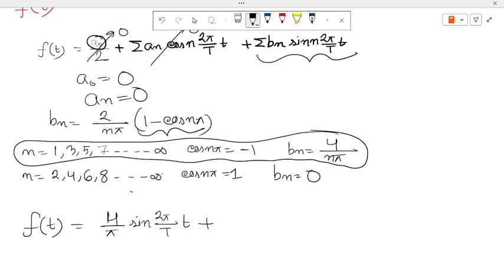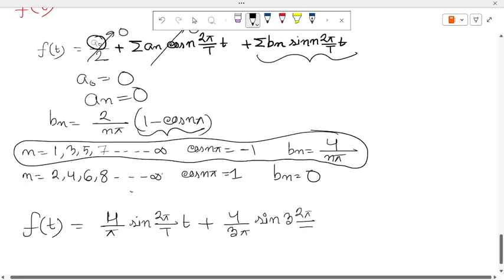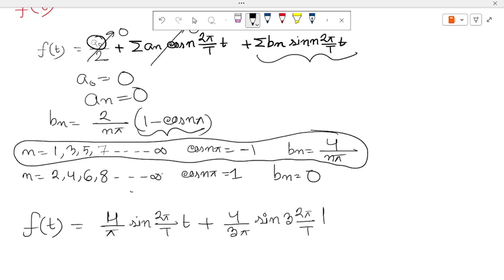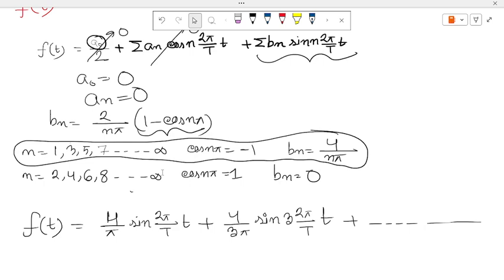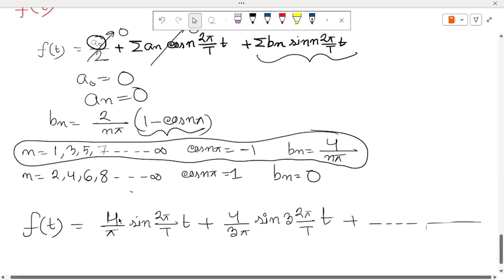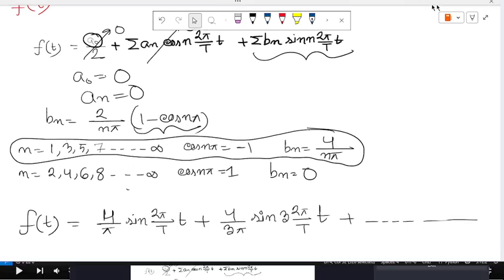Then if I take n equal to 3, I will have 4 by 3 pi sine 3 into 2 pi by T into t, and this goes on and on. Now it's time to write those things in my Python code, and let's see what happens. So 4 divided by n pi.